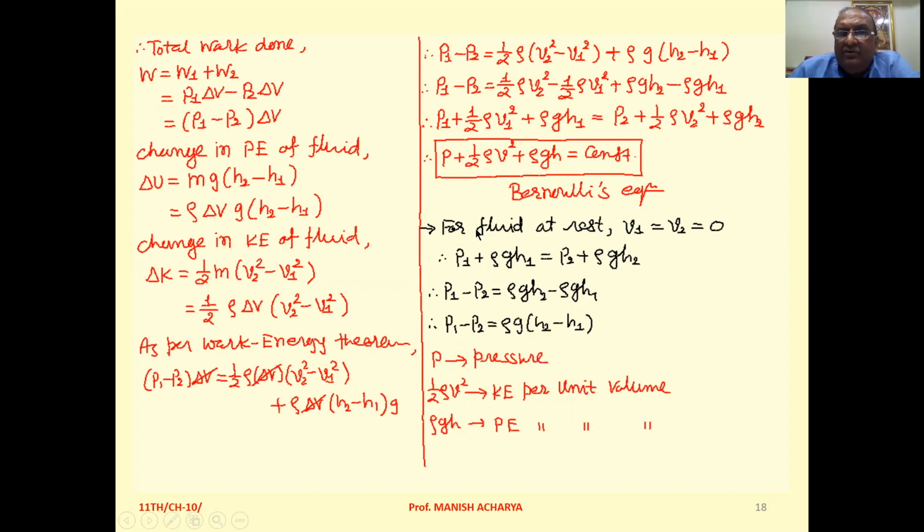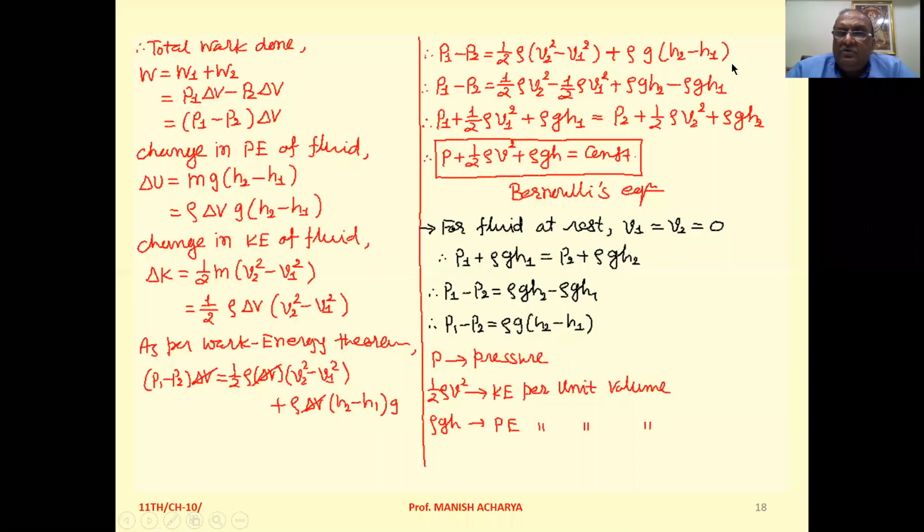Now in this particular equation, P is the pressure, then half rho V square. Actually rho is density. Density is mass per unit volume. So we can say half rho V square is kinetic energy per unit volume. Similarly, rho g h, where rho is mass per unit volume, is potential energy per unit volume.